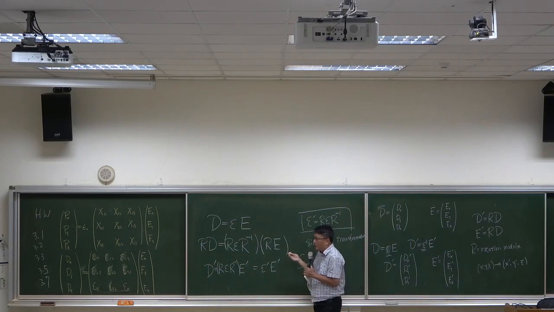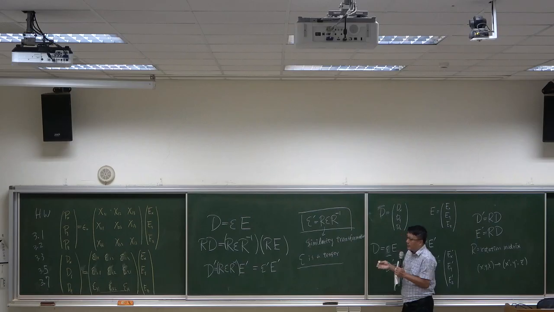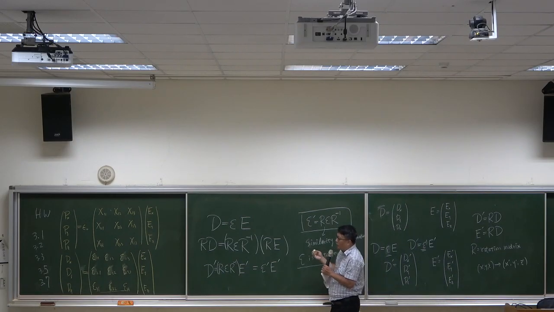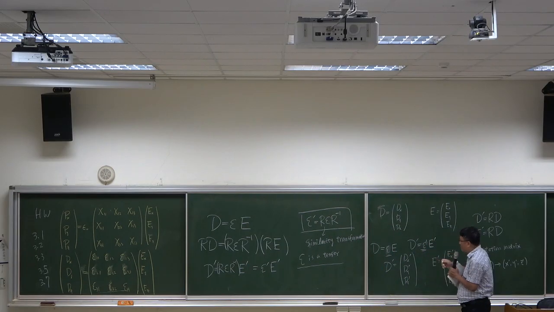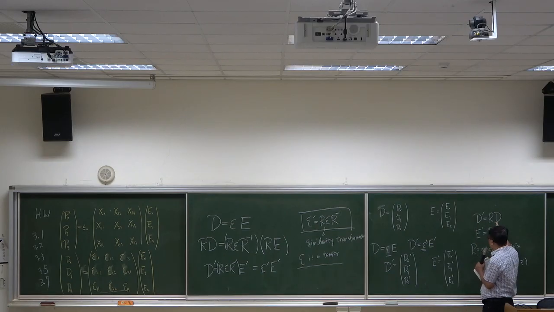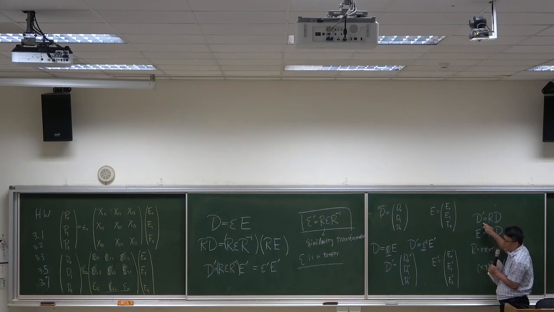Scalar is invariant under coordinate transformation. Then we have vector. Vector changes components according to certain rule when we change our coordinate system from x, y, z to x prime, y prime, z prime. Okay. The rule is that we multiply the matrix R to the original vector. We get a new expression of this vector, okay?